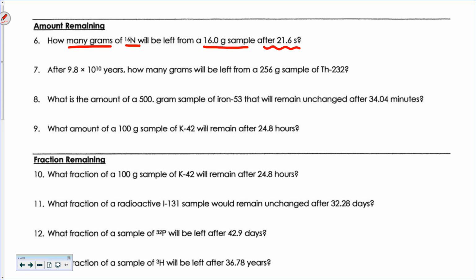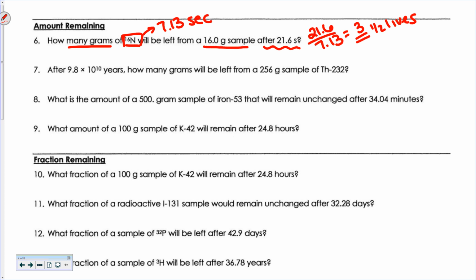So we're going to go to Table N, and I'm going to say, okay, from Table N, I know it is 7.13 seconds to go through a half-life. I took a total of 21.6, so let's go 21.6 seconds divided by 7.13. What I'll get if I do that is 3. That 3 is telling me that I did 3 half-lives.